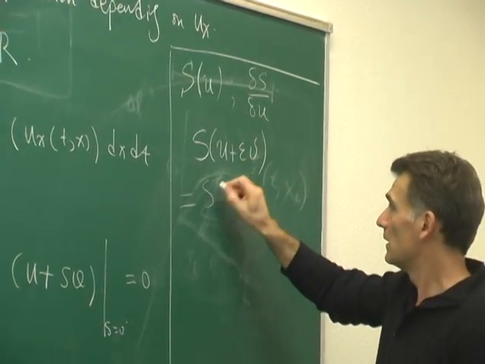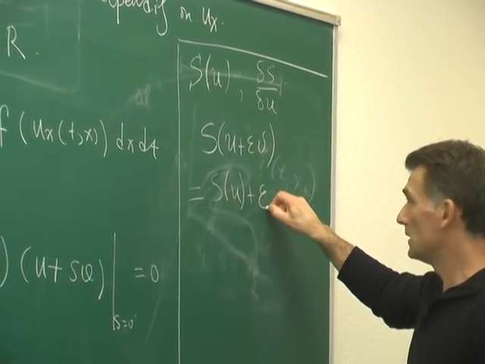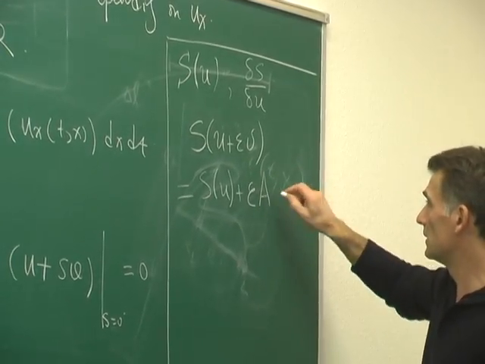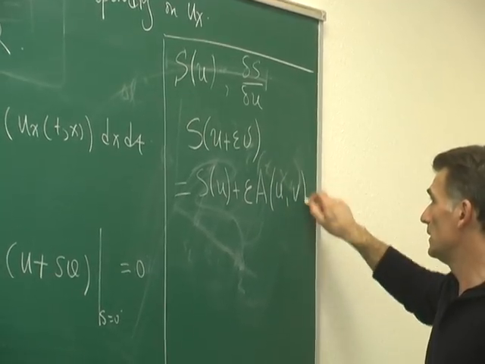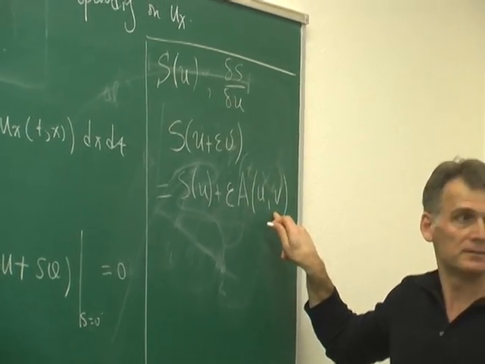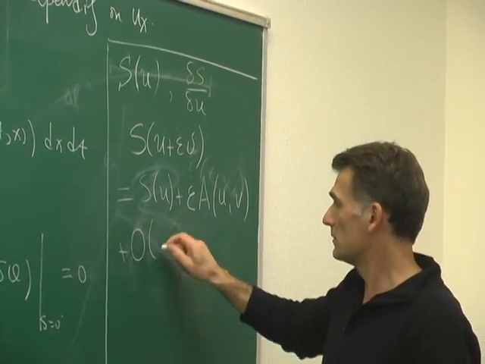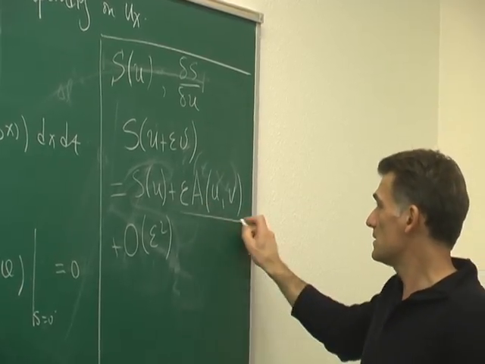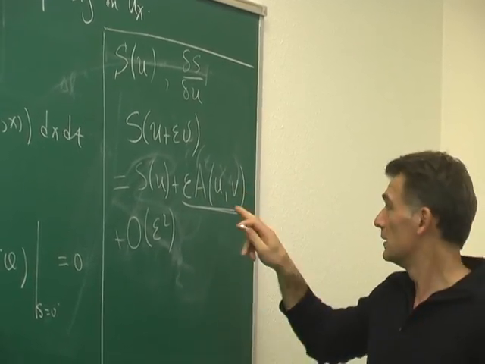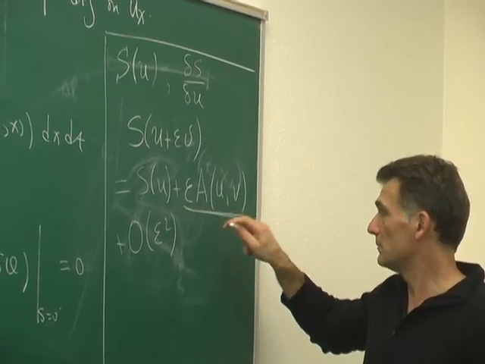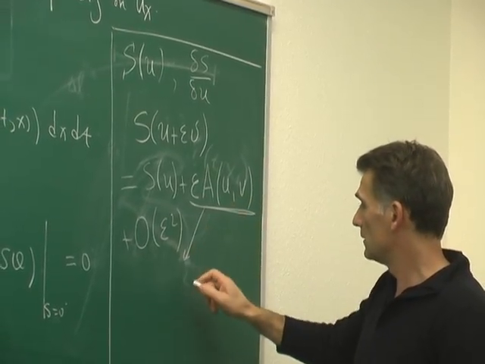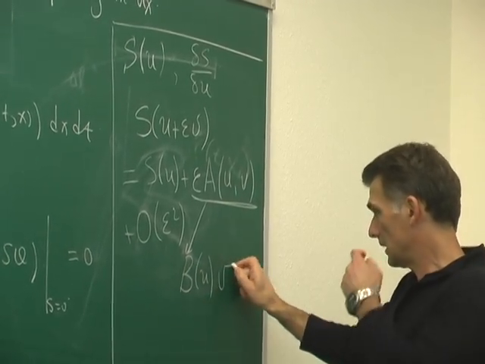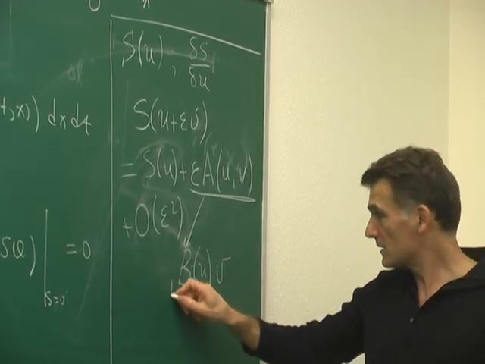So you'll get S of U plus a linear term in epsilon, and the rest will be of order epsilon squared, which you can forget. This is non-linear in U, but linear in V. Therefore, this looks like some operator acting on V.